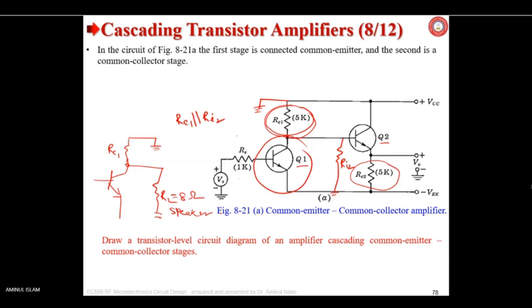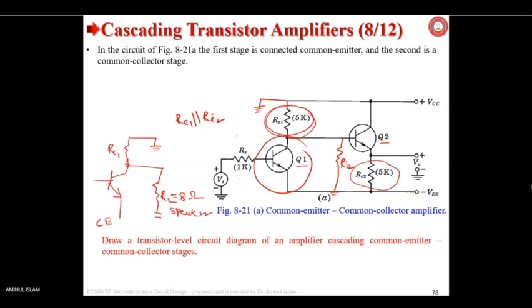Are you able to relate to the earlier discussion on the amplifier? This CE amplifier could be used standalone to drive a speaker, a load having any resistance, say 8 ohm.